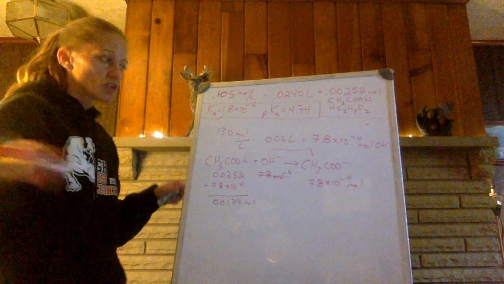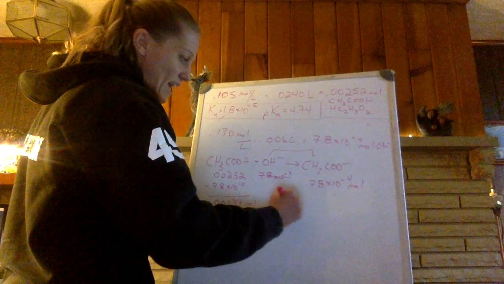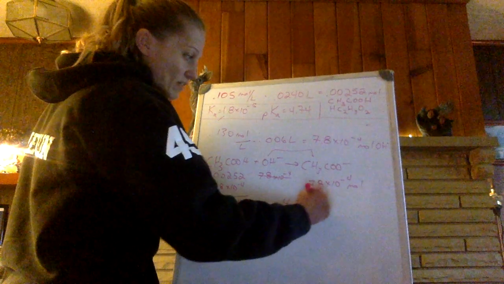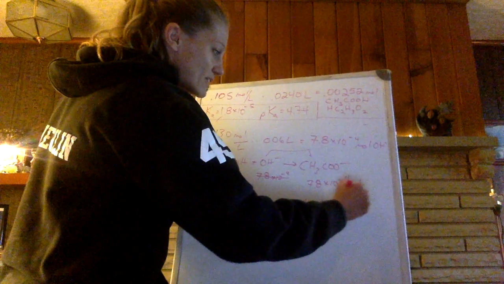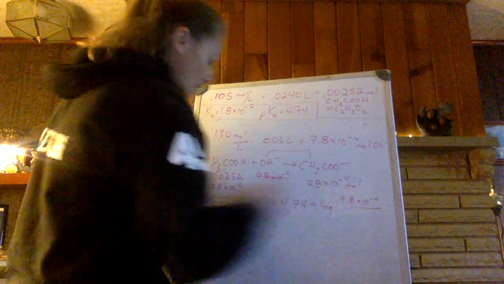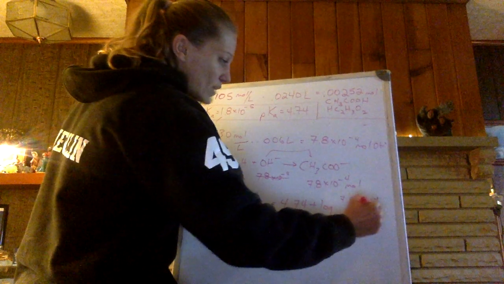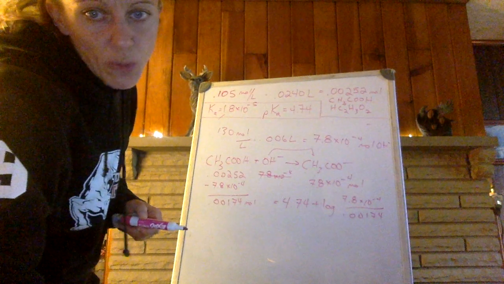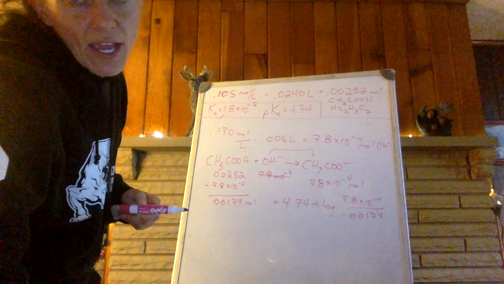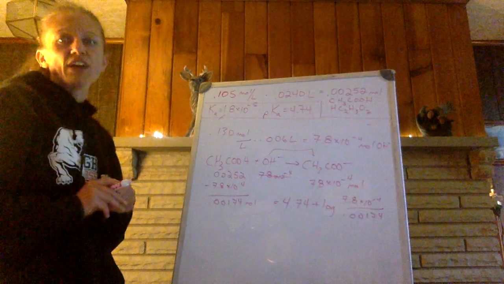Henderson-Hasselbalch. pH equals pKa, which I already calculated, plus log of, which one's the base, 7.8 times 10 to the negative fourth, over the acid, 0.00174. And calculate. It's given in your packet, again, at 4.392.